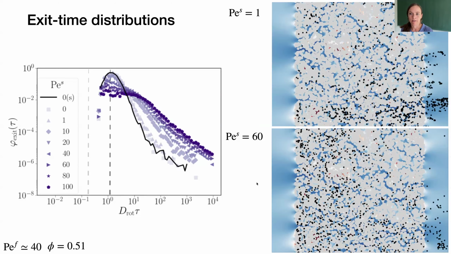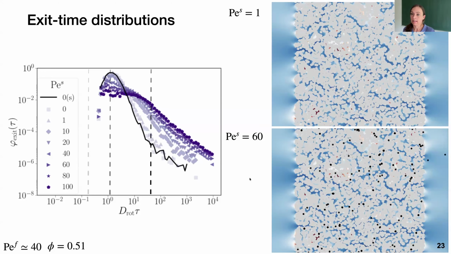But if we look at later times, we already observe that in the upper case, almost all particles are leaving the channel, while in the lower case, you see them all over the place. And this is just the last snapshot, where in the upper case, they have all left the channel, while in the lower case, there are multiple particles in the channel, and these essentially correspond to one of these power law tails.